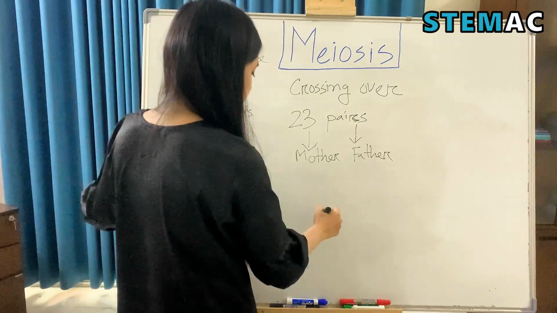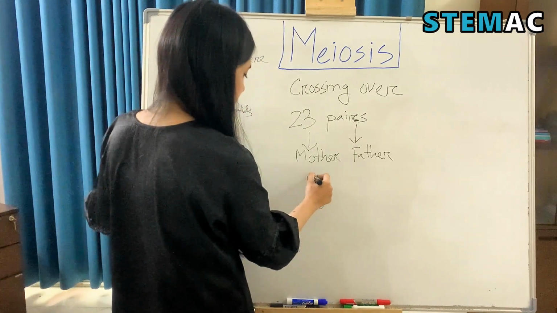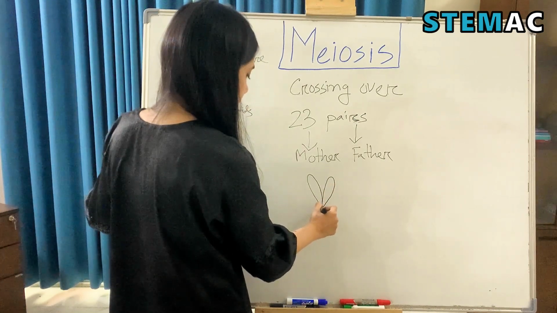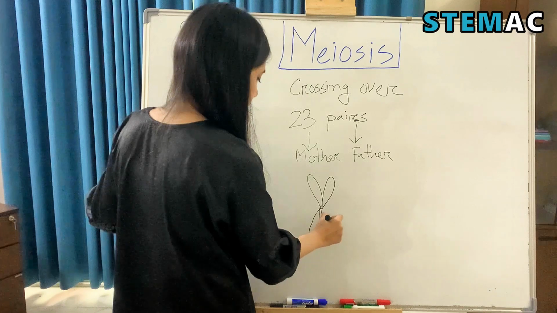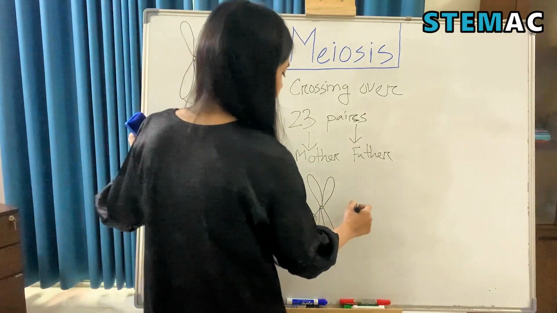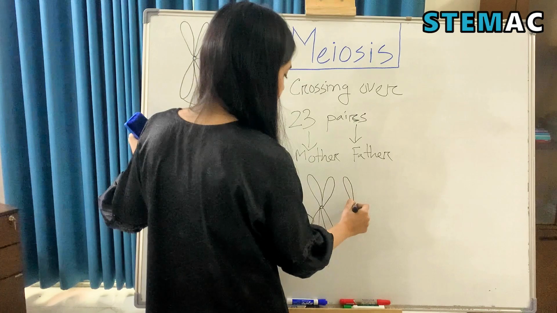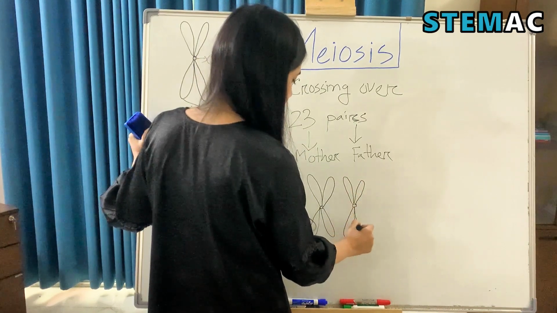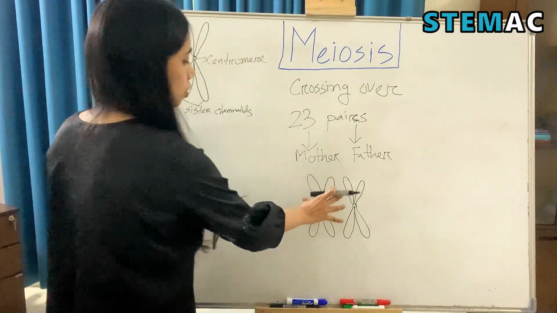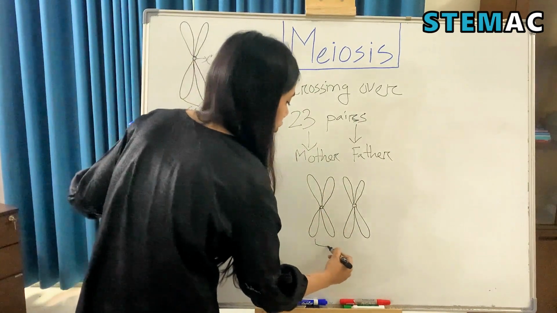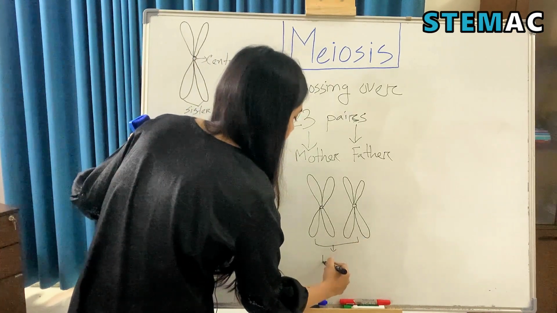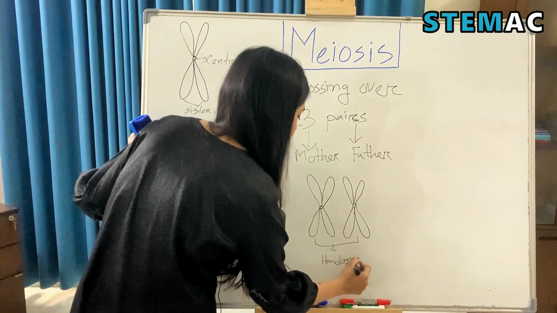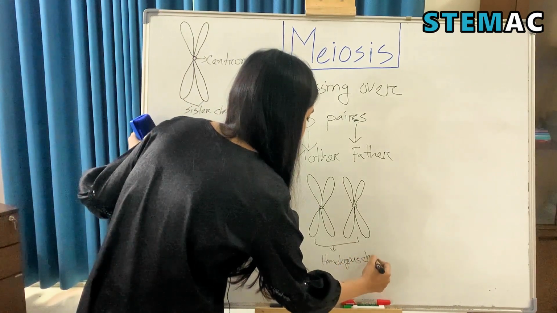So let's say this is a chromosome from the mother, and this is a chromosome from the father. This chromosome pair is our homologous chromosome pair.